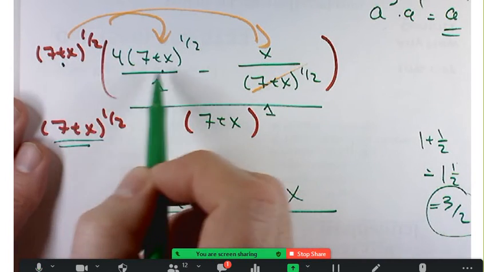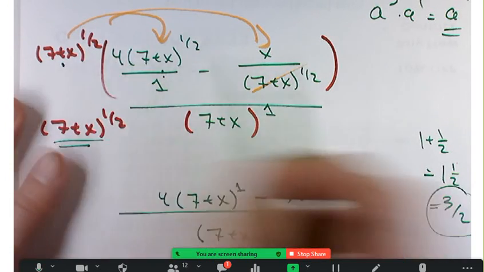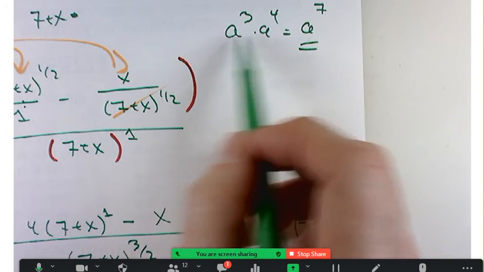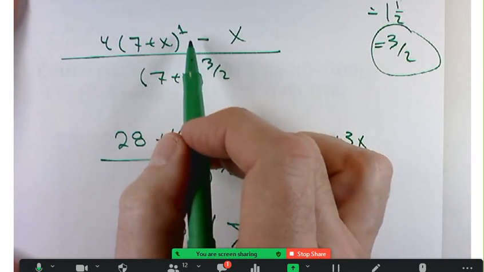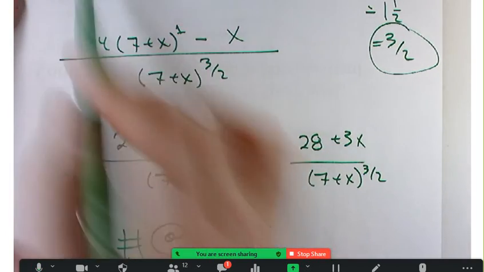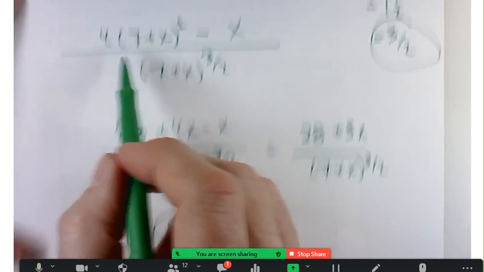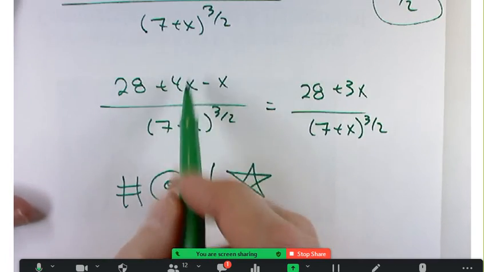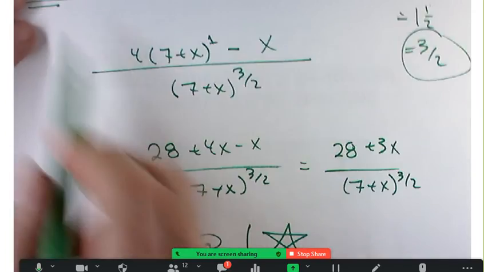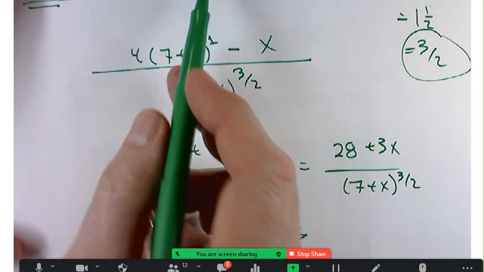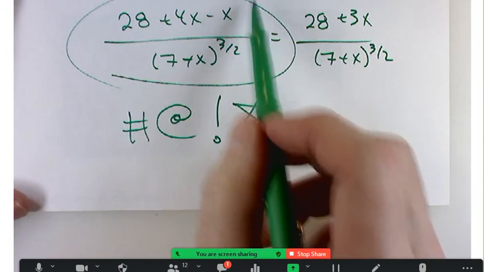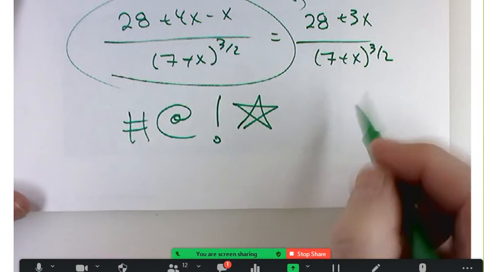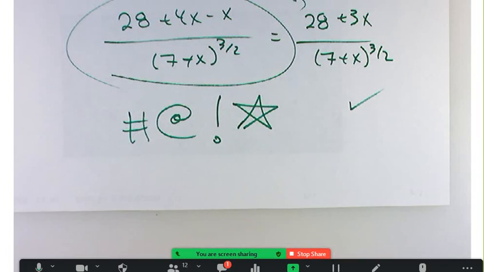When this multiplies this, you add the exponents, because when you're multiplying with the same base, you add the exponents. So 1/2 plus 1/2 gives me 7 plus x to the first power. And then, of course, divided by 1 we can ignore. Distribute the 4, combine like terms. In the denominator, these exponents add. 1 plus 1/2 gives me 1.5. And then combine like terms in the numerator. Awesome.